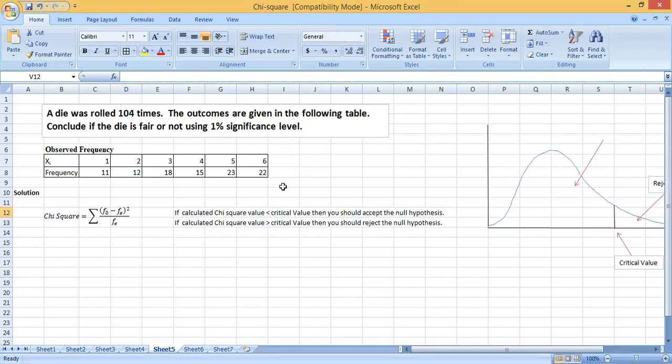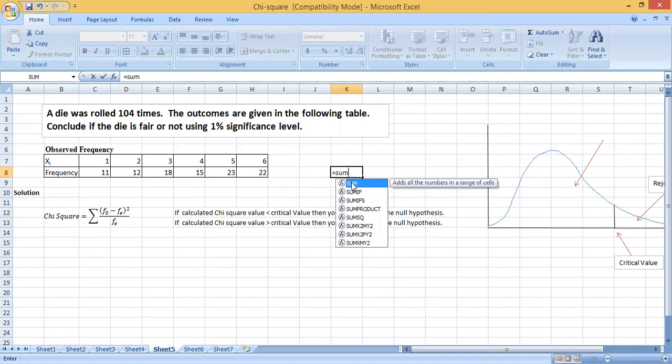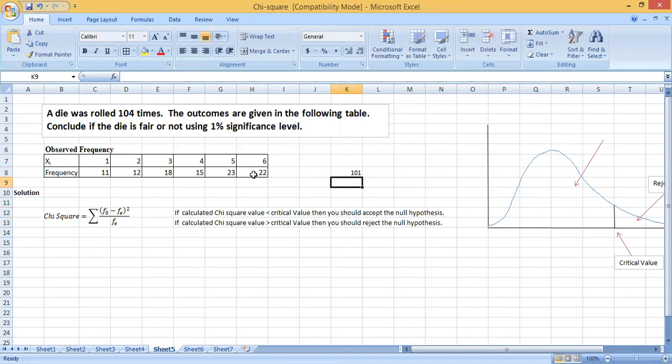Now, if we add these frequencies, we get 101. Okay, so I would like to increase this value to 26.